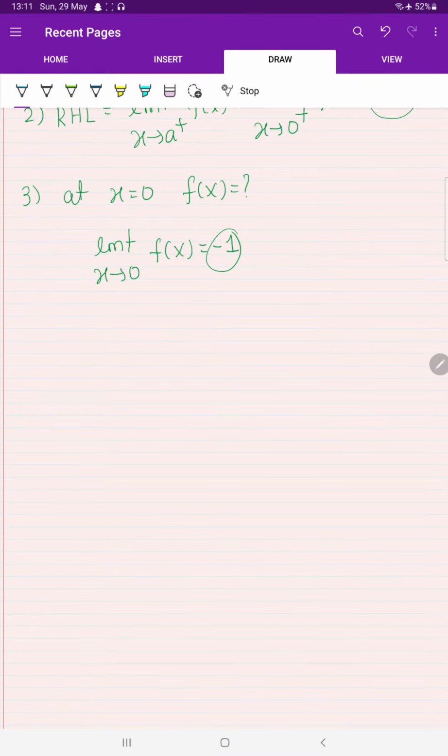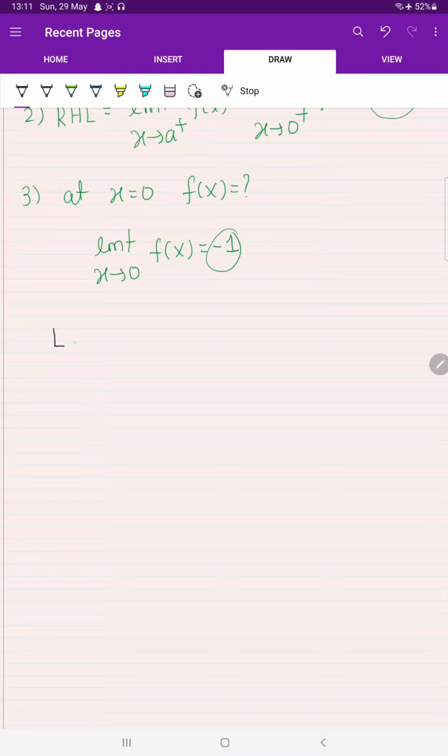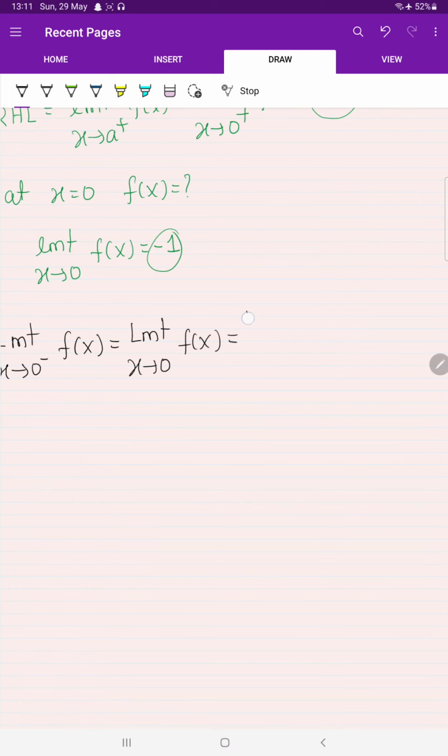First, sir, for the given function, what is the result that we got? When I was traveling along the left hand side limit, 0 minus, with the value of f of x, I got minus 1. When I am traveling with the specific point 0 exactly, I got the same minus 1. And when I am traveling with the right hand side limit, x approaching from 0 plus, I got the same conclusion.